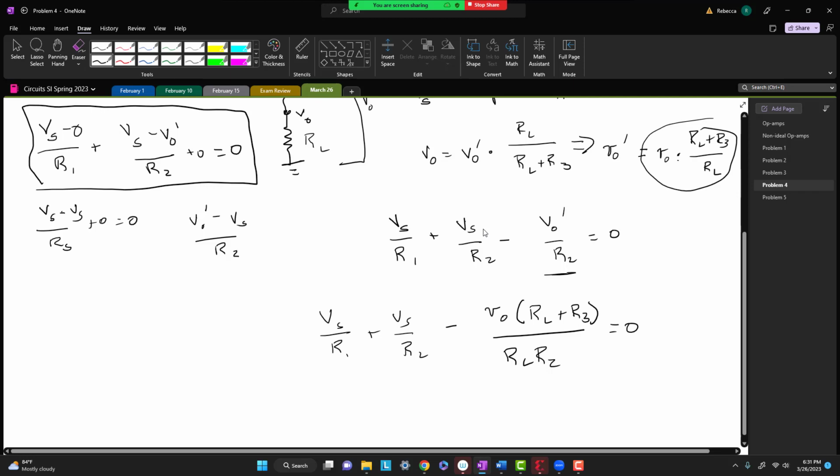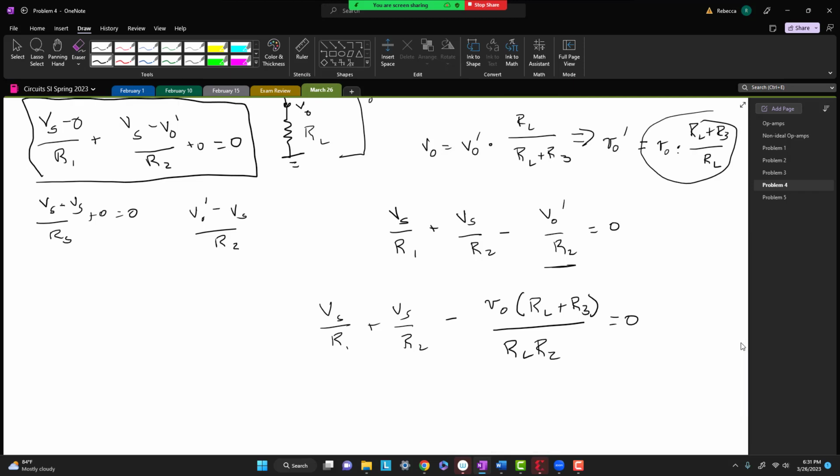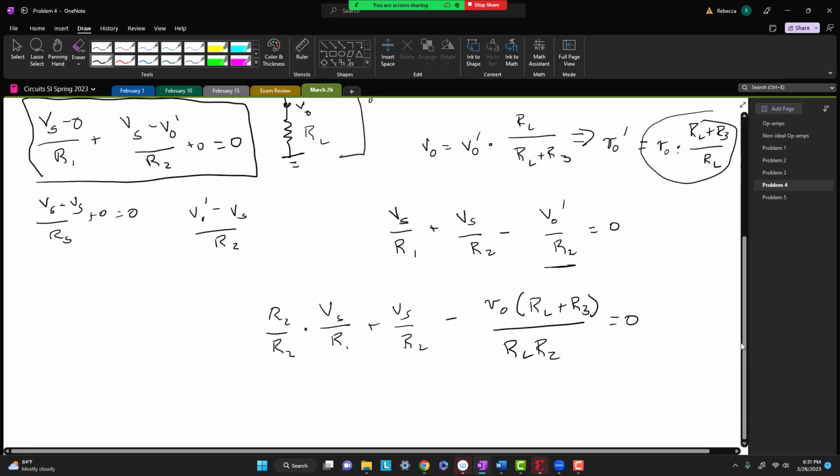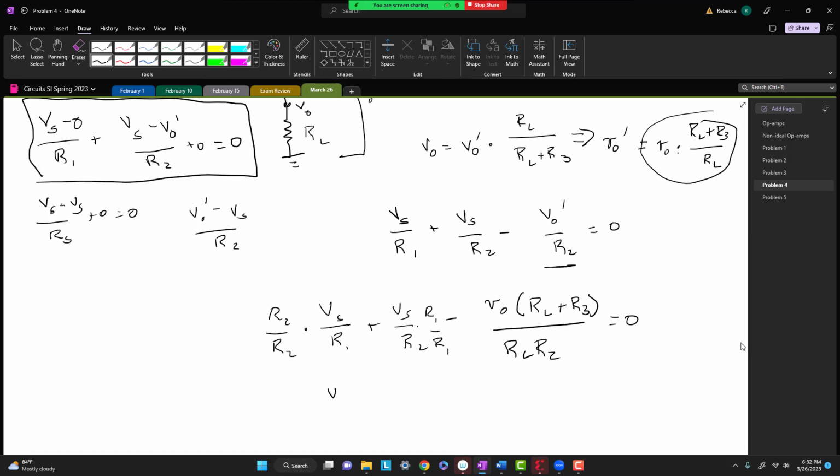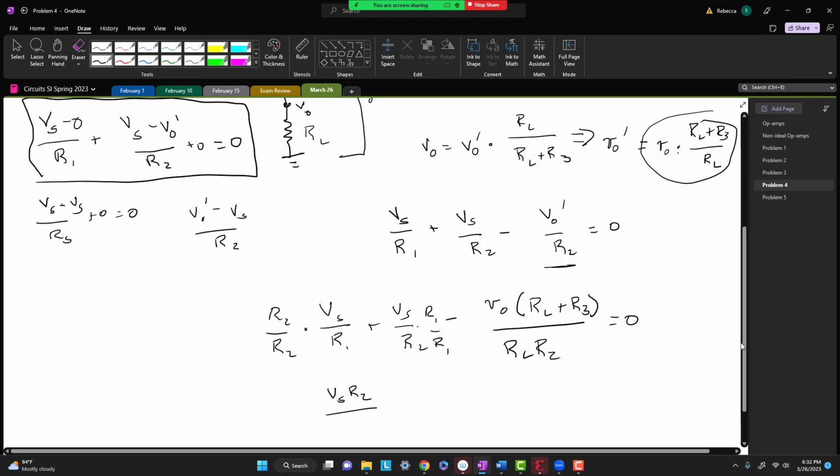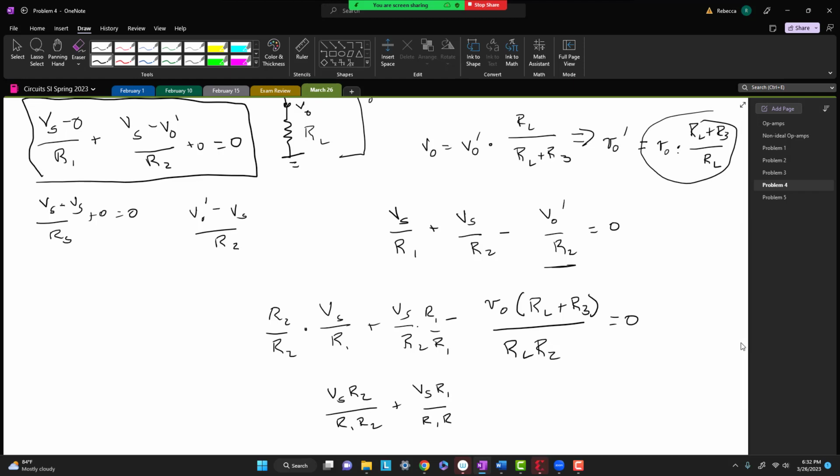R2 equals 0. Okay, now I'm looking for V out over VS. So I'll get a common denominator here for these. My common denominator would be R1 R2. So multiply this one by R2 over R2, and multiply this one by R1 over R1. So I get VS R2 over R1 R2 plus VS R1 over R1 R2.